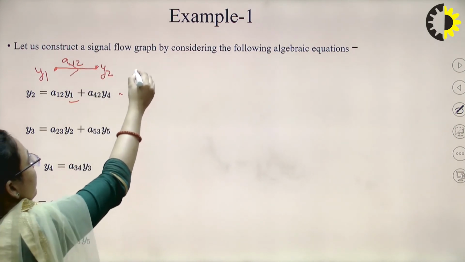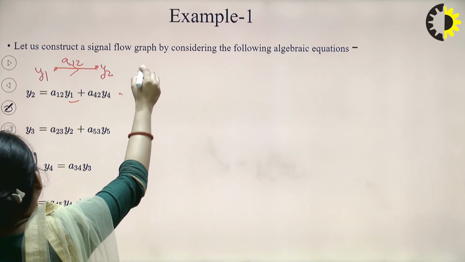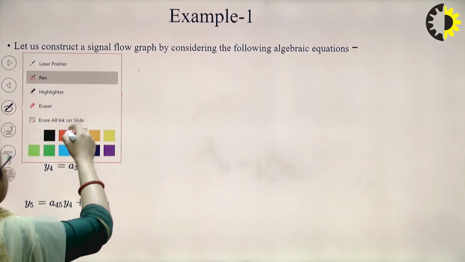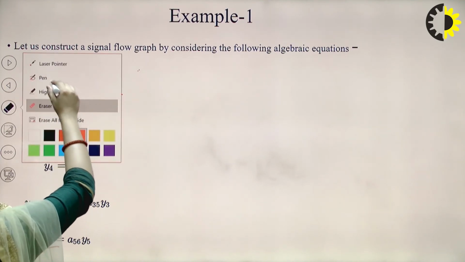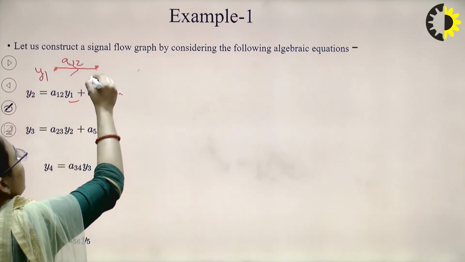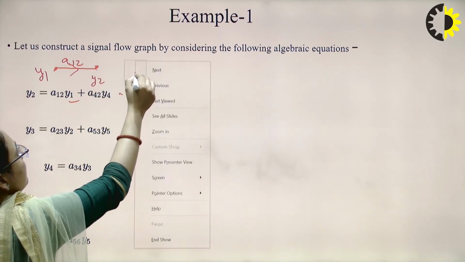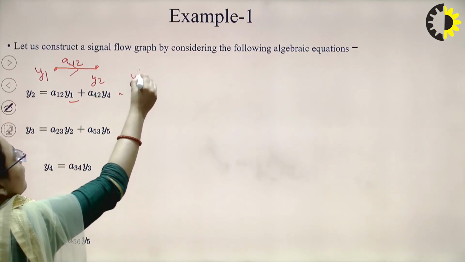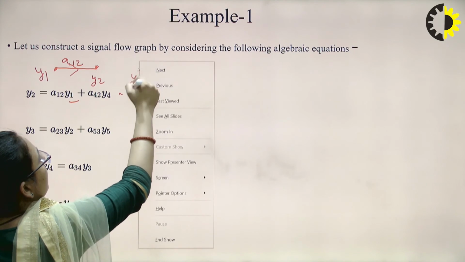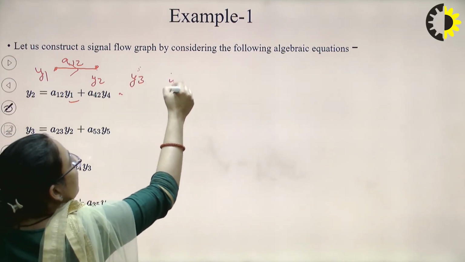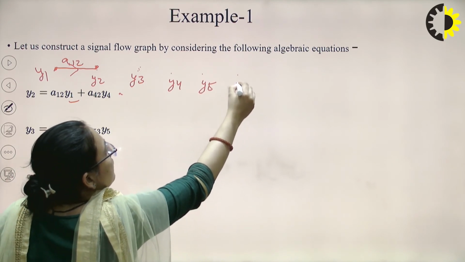Now another node, this is y3, then y4, this is y5, and let's say this is y6.